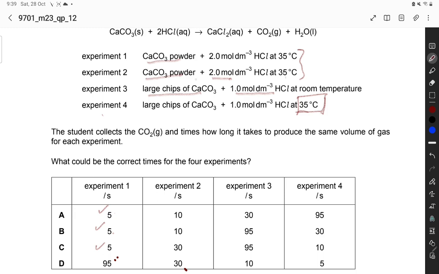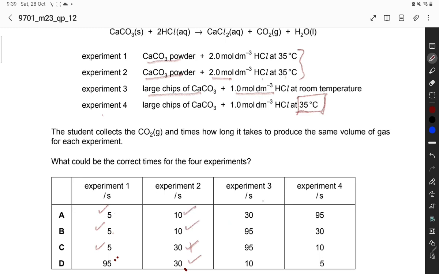Experiment 2 is the same: calcium carbonate powder, 2 mole per dm cube HCl at 35 degrees centigrade. In this, these two options should be incorrect because under the same condition it is not taking too much time, so these two options are correct.